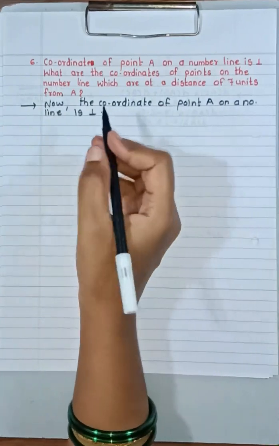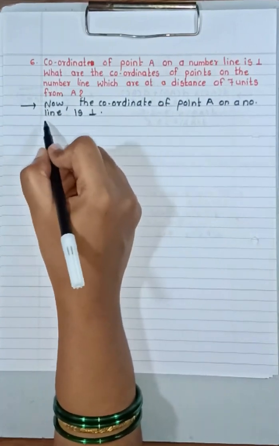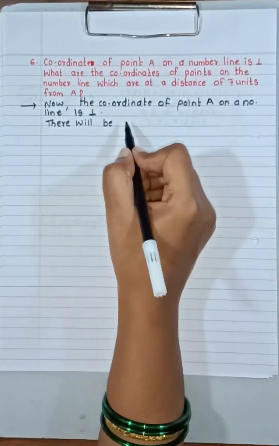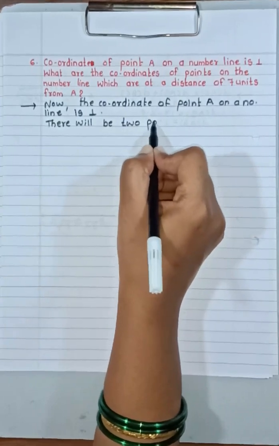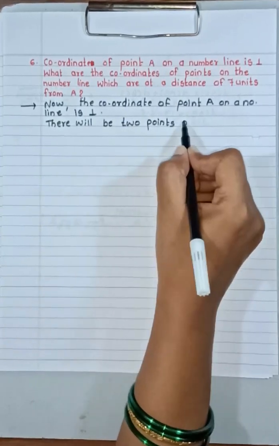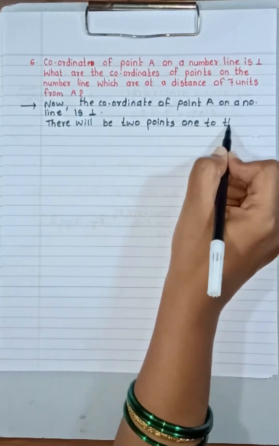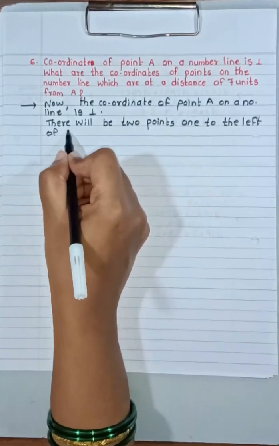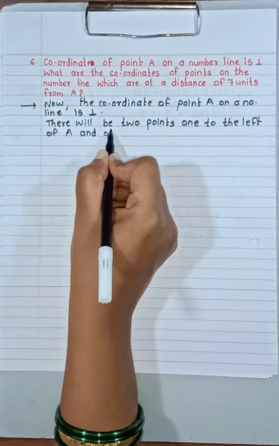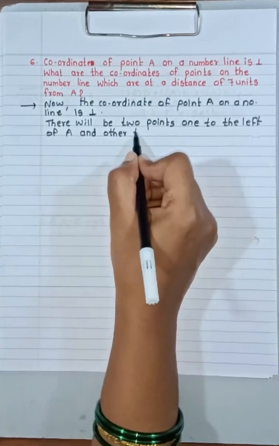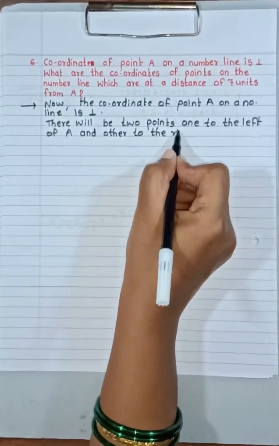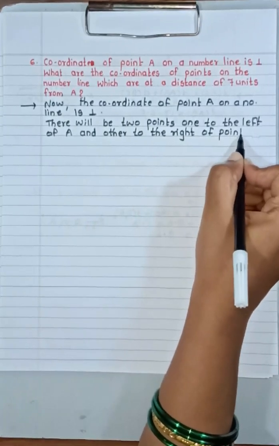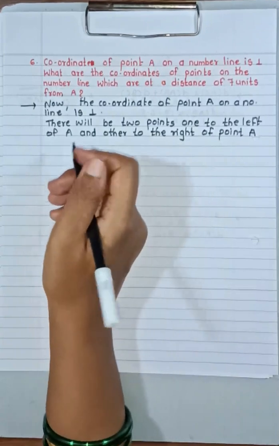Okay, now there will be 2 points, one to the left of A and other to the right of point A at a distance of 7 units.